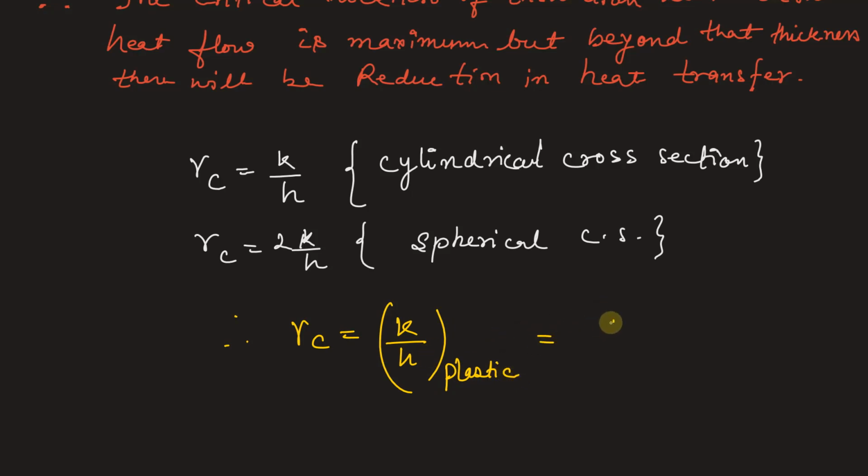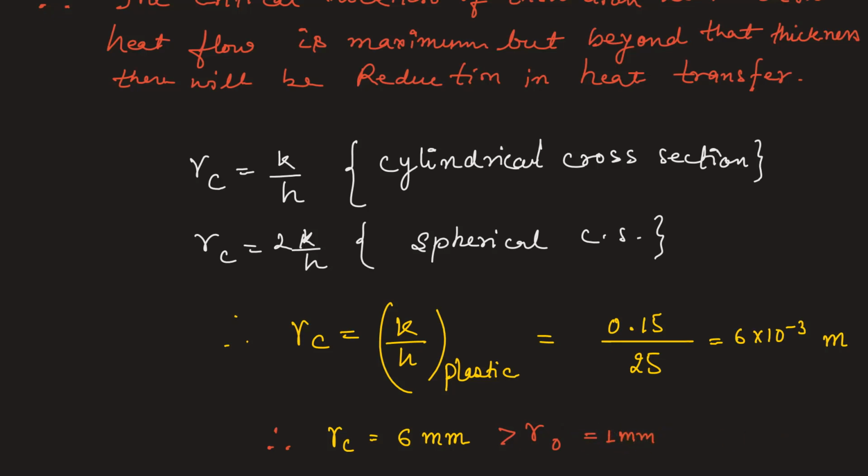So this will be equal to 0.15 divided by h, whose value is 25, and this will be equal to 6 into 10 to the power of minus 3 meter. So R_c in millimeter will be 6 millimeter. Therefore, R_c is greater than R_0, which is 1 millimeter.